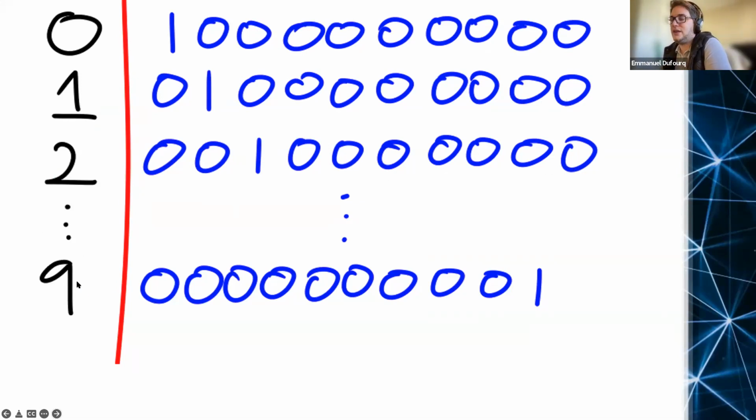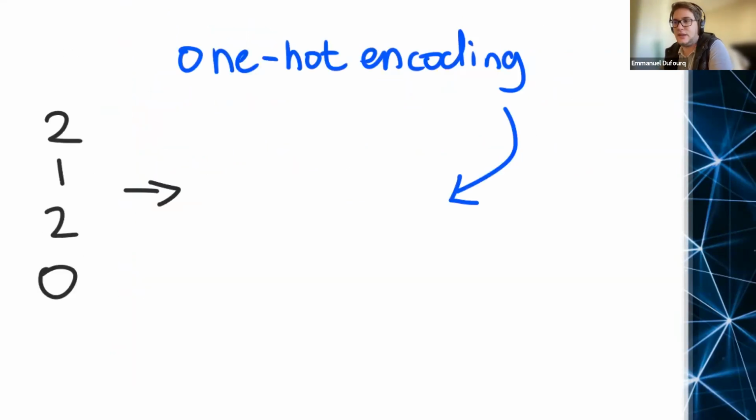And finally, 9 is 9 zeros and then a 1. So this is just a process of one-hot encoding.